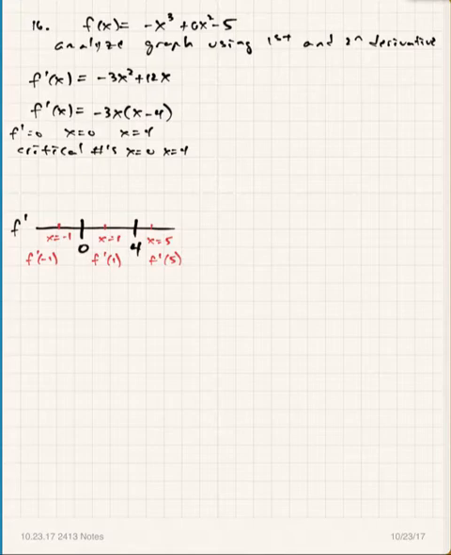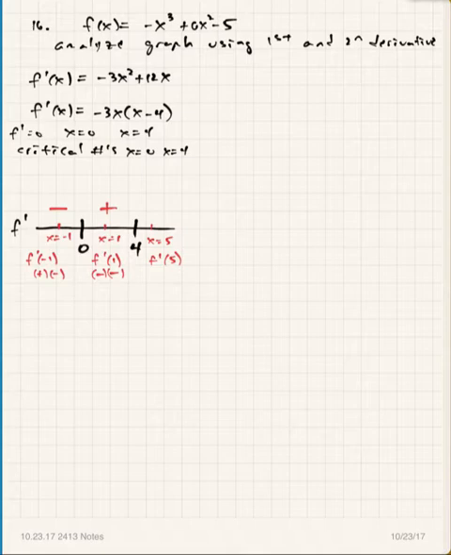So the derivative evaluated at negative 1 would give you a positive factor times a negative factor, if you're looking at the factored form of the derivative, and so the derivative would be negative there. F prime at 1 would give you a negative factor times a negative factor, and so the derivative would be positive.